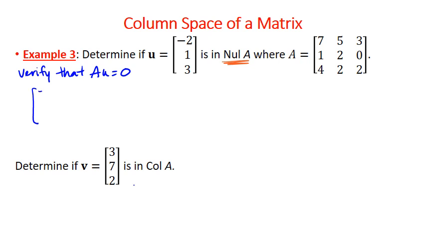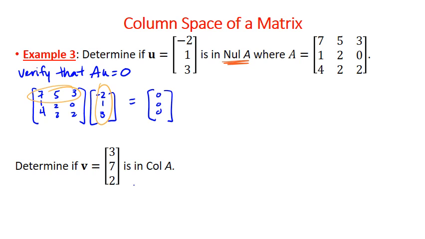So I have this 3x3 matrix here. We will multiply it by this vector, rows, columns, and sure enough, you end up with the 0 vector. So as we discussed previously, if you end up with the 0 vector in this case, then vector U is in the null of A.